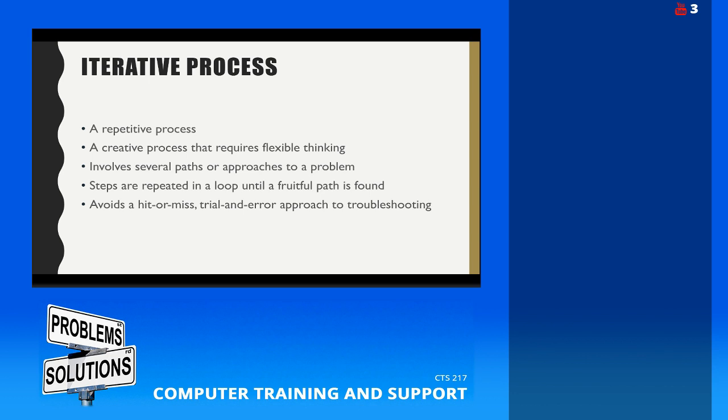You have to be flexible as you're approaching a problem, because not everything's always going to be black and white. Some things are going to have shades of gray. Things are going to present you with new problems as you're working through them, and these new problems aren't exactly going to fit into the mold that you're used to dealing with.